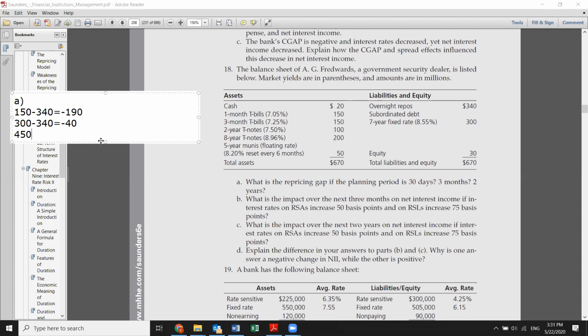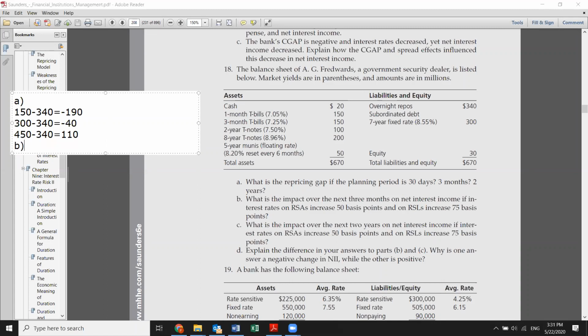In total, it makes 450 minus 340. It's because on the liability side, we have only the 7 years liability, which is fixed rate, and it comes with 110. So this is how we find the repricing gap for different maturity buckets: 30 days, 3 months, and 2 years.